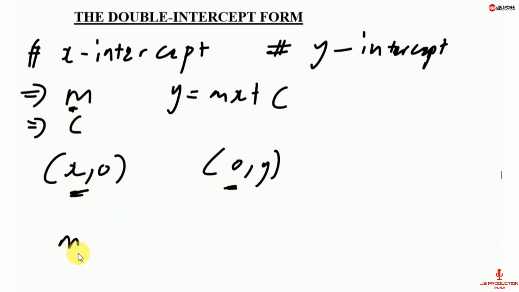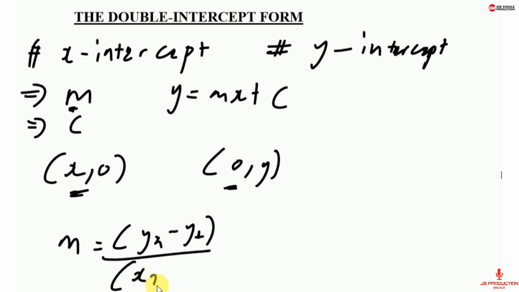The gradient is given by this formula: y2 minus y1 divided by x2 minus x1. So after you calculate your gradient, you're going to write down the equation of the straight line. As simple as that.